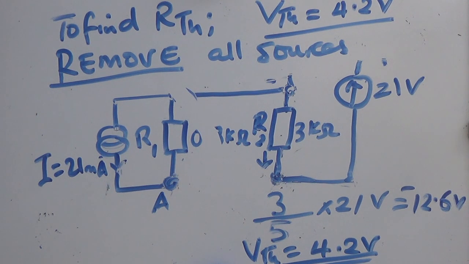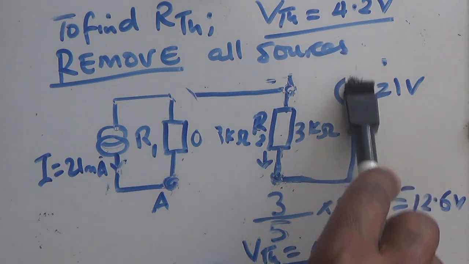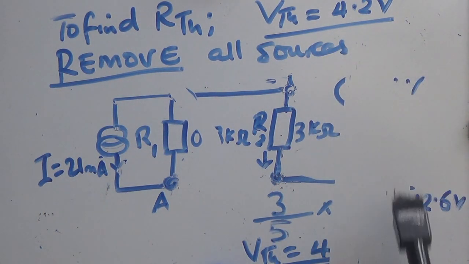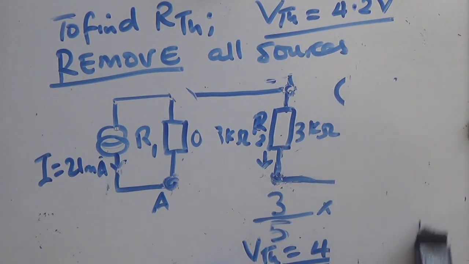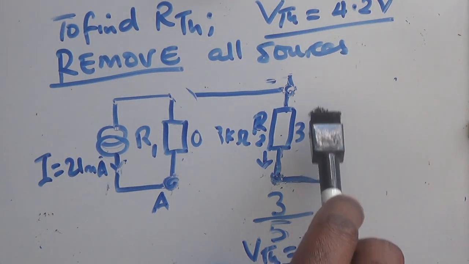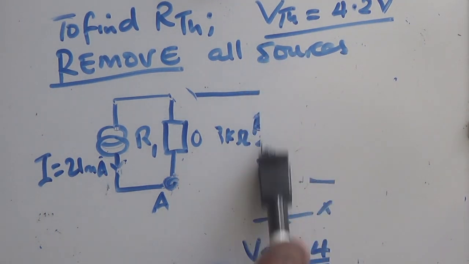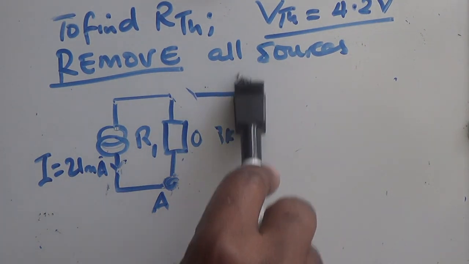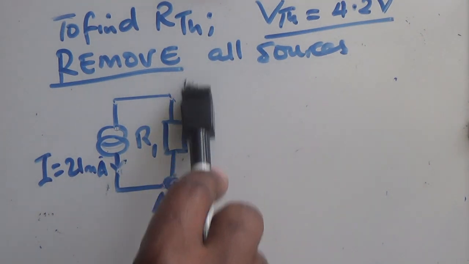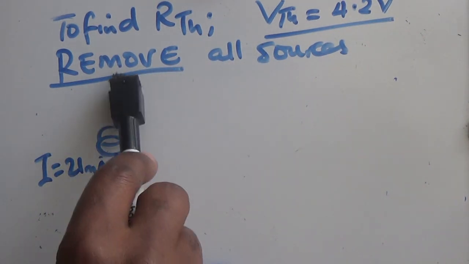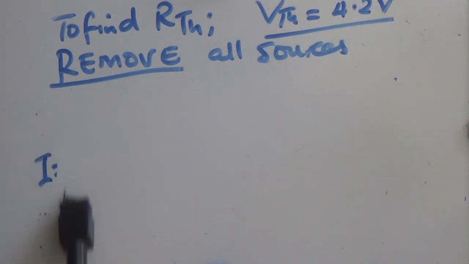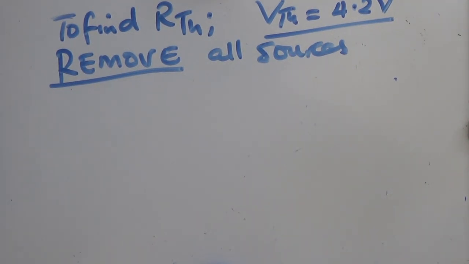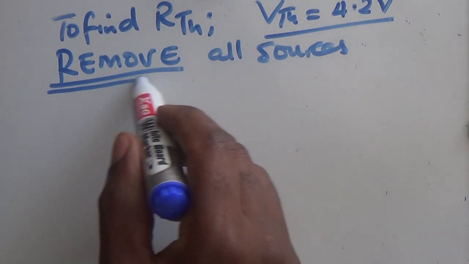When we say all sources, it means voltage sources and current sources from the circuit. Once we remove everything, you remain with only resistances, and then you find the total resistance. The moment you have the total resistance, everything becomes very easy. So remove all the sources.